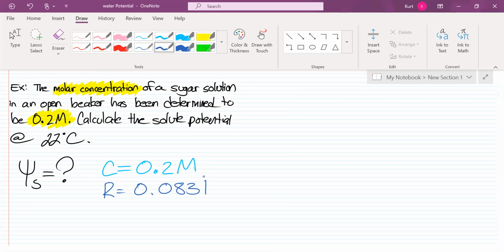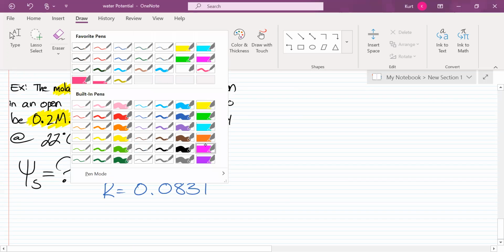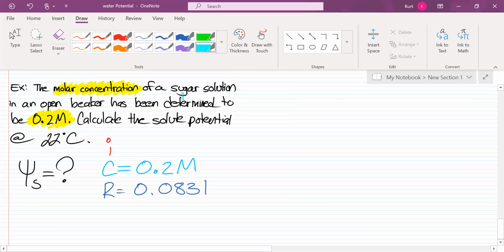We have to find i. i is the ionization constant. What type of solution do we have? What does that tell you? The ionization constant, I should probably use a different color. Hold on.